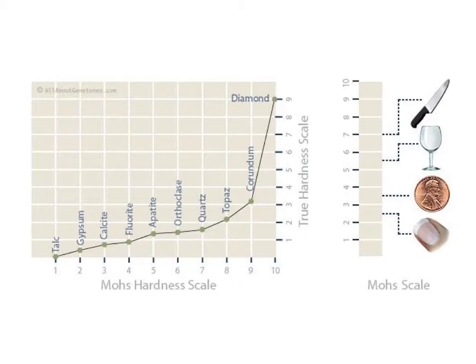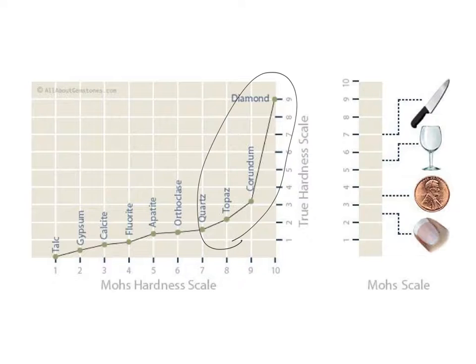Now this is not a linear scale. You can actually, with instrumentation in the lab, quantify a measure of hardness. And in particular, these values at the high end are really not linearly related to the index values lower.